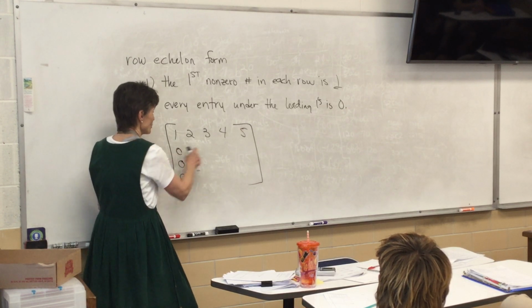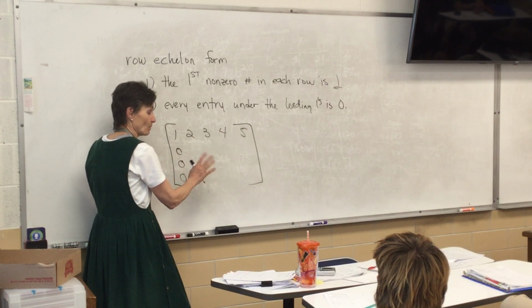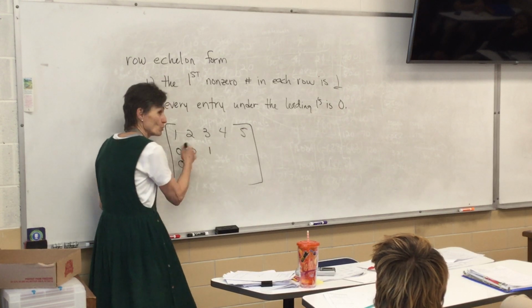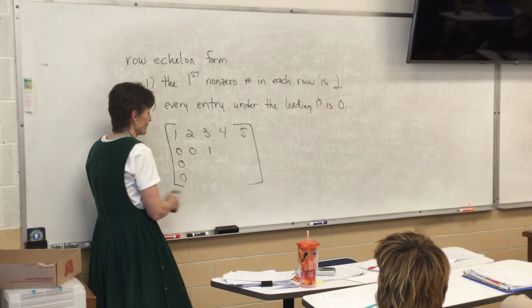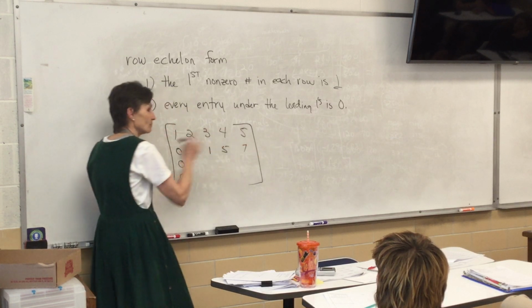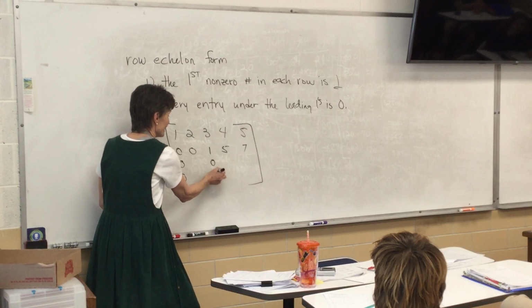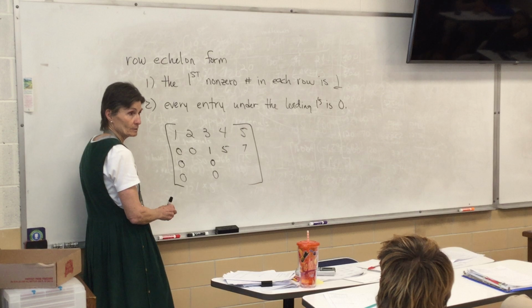So these are all going to be zeros. And then the first number in this row that isn't a 0, so I could put a 0 here, but the first number I put that isn't a 0 is going to have to be a 1. And then I can have 5, 7, nothing wrong with that. But every number underneath this has to be a 0.